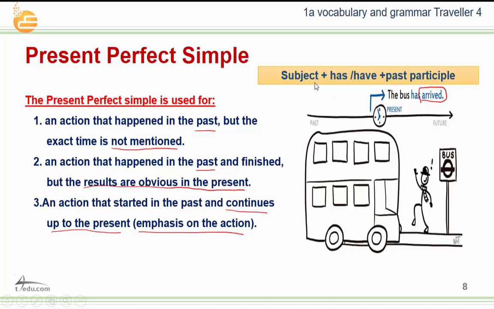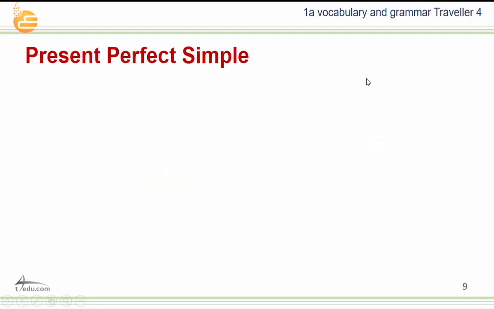The form is subject plus has or have plus past participle. We usually use has if the subject is third person singular, like he, she, or it. And with the rest of the pronouns, we use have. Examples. He has spoken. He has not spoken.